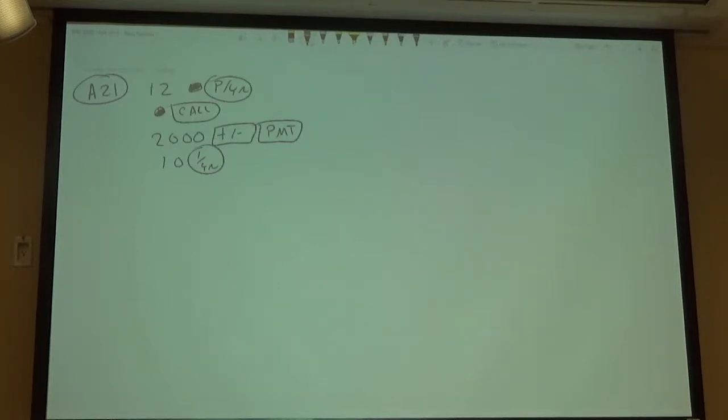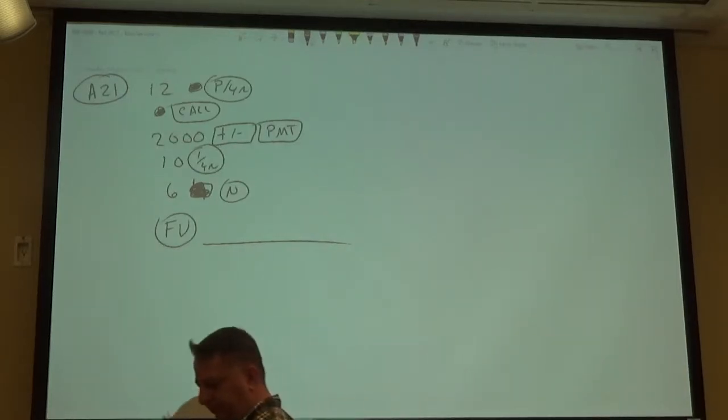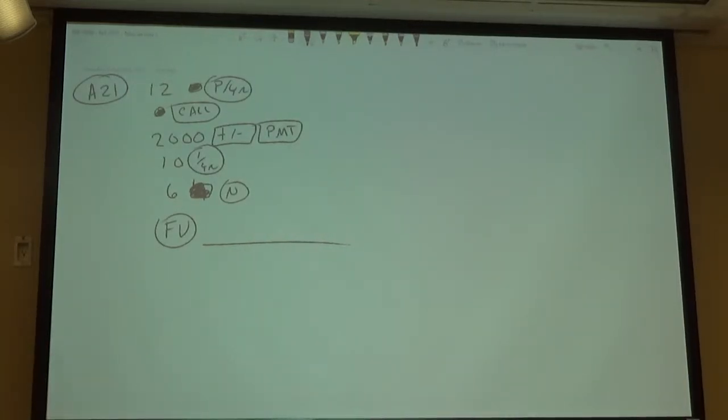And the term, 6 years. And we are solving for what? Future value. Okay. 2,431.196.